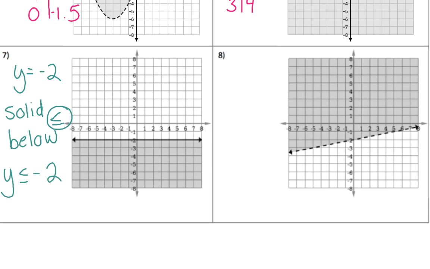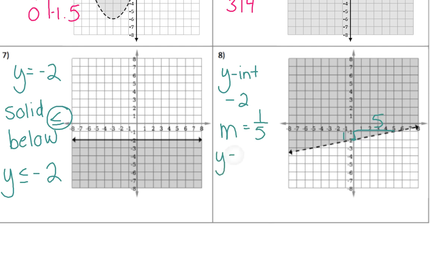And lastly, for number 8, we have a line here. I can see that the y-intercept is at -2. And then if I look at my slope, it goes up 1 over 5. So that means that my slope is 1/5.